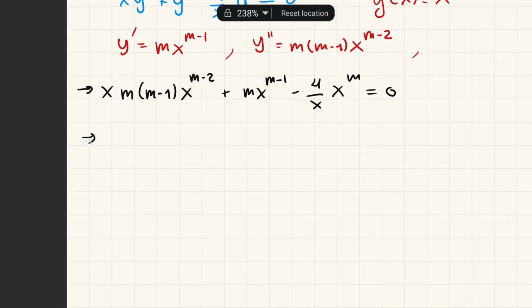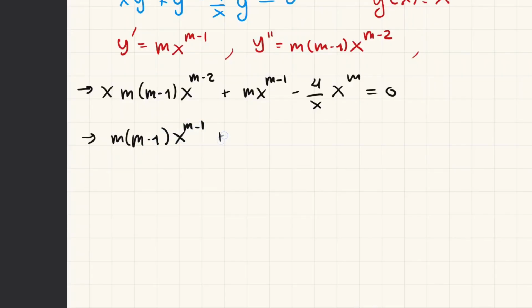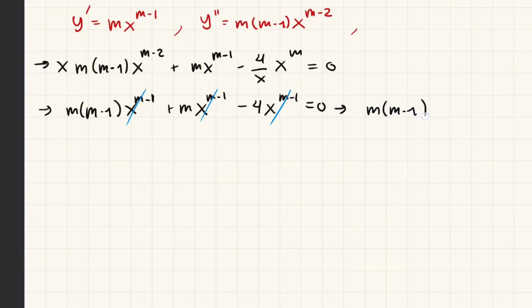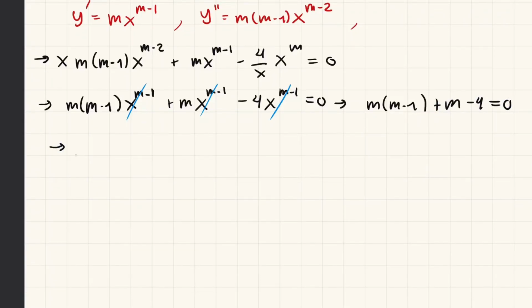From here, m times m minus 1 x to the m minus 1, plus m x to the m minus 1, minus 4 x to the m minus 1 is equal to 0. Then we can cancel the factor x to the m minus 1 to get m times m minus 1 plus m minus 4 equal to 0. From here, m squared minus m plus m minus 4 is equal to 0, so m is equal to plus or minus 2.